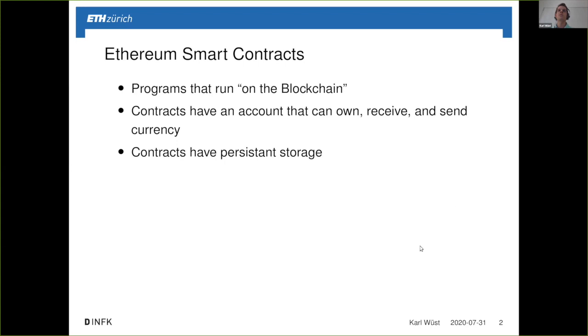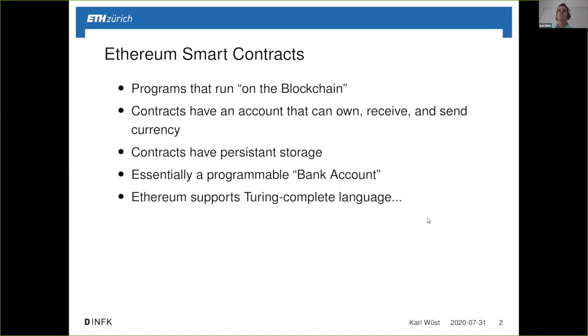So they have persistent storage. And this is very useful because it allows almost arbitrary business logic to run on the blockchain. And essentially, this gives you a programmable bank account, of course, not at the bank, but on the blockchain.